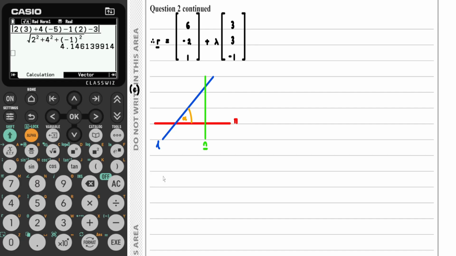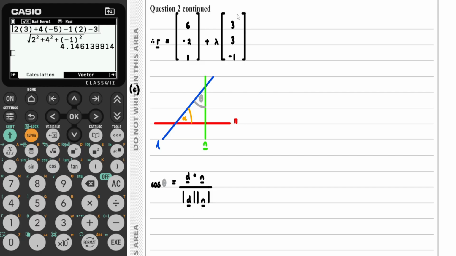What we can do to begin with is work out the angle between the normal vector n and L. We'll call that theta, and cos theta will be given by the direction vector of L, we'll call that d, dot with n over the mod of d times the mod of n.